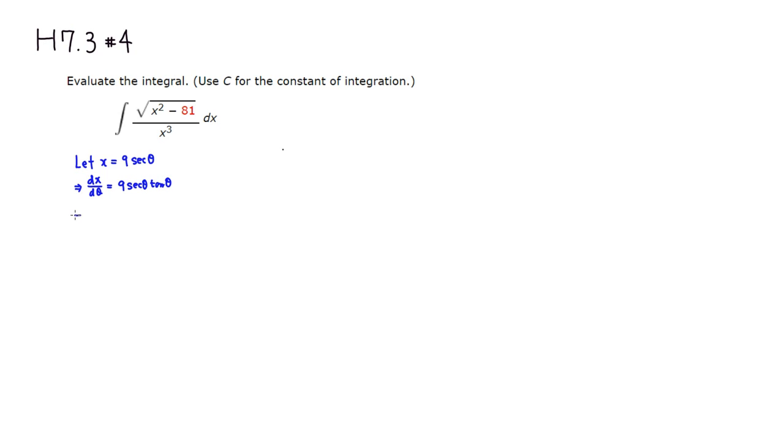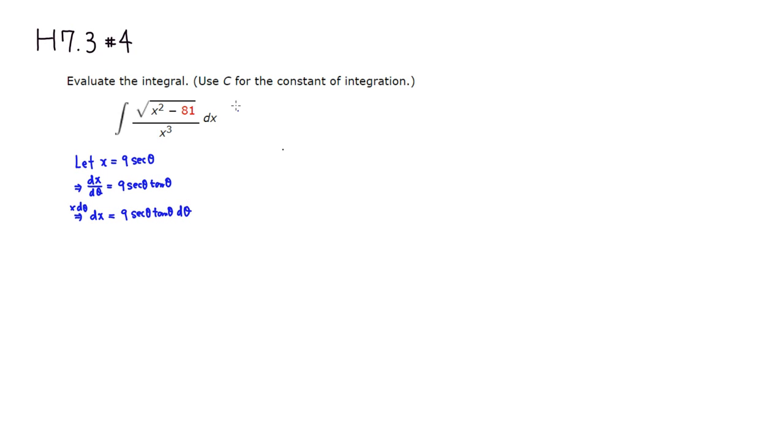So we can simply multiply through by d theta, and we have an expression for dx. So dx is 9 secant of theta times tangent of theta d theta.